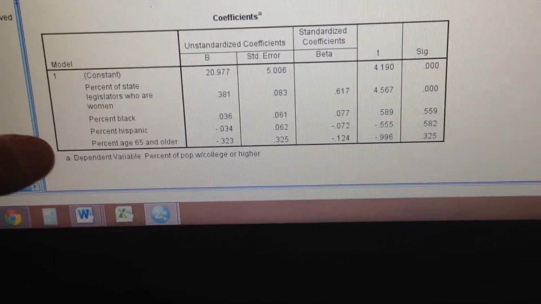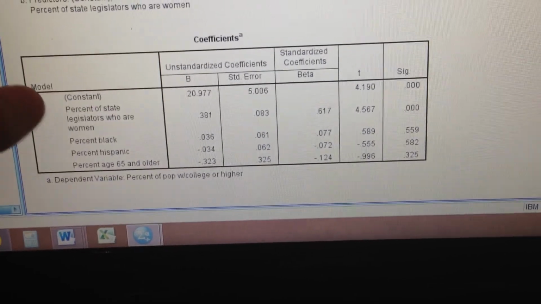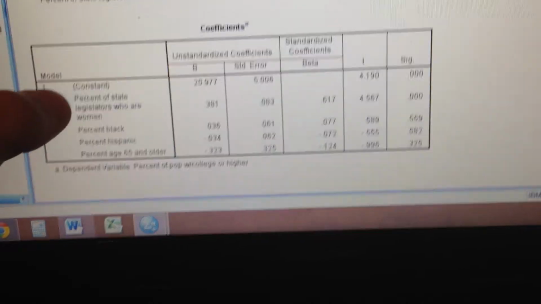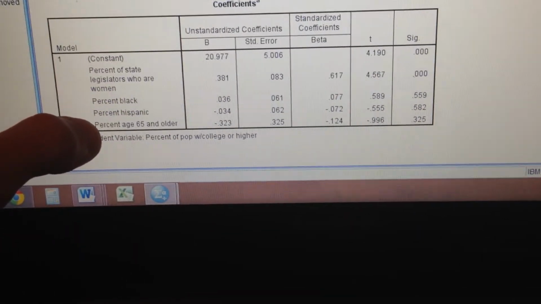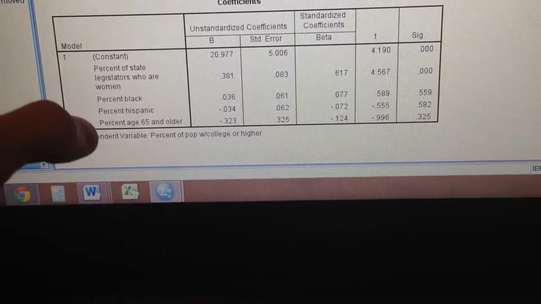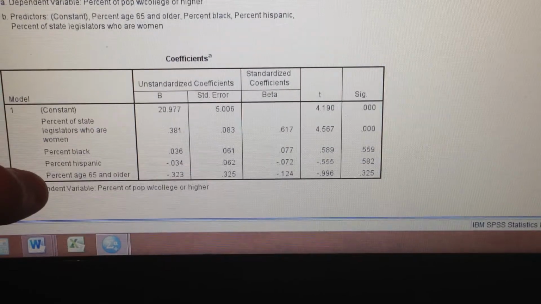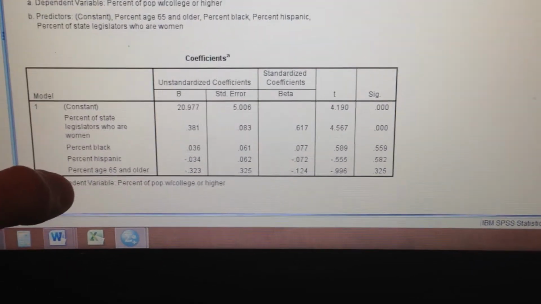But it could be that the percentage of elderly has an impact on the percentage of state legislators who are women. Let's say that as we get more older people in our population, they're more traditional in their social values, they're less likely to vote for women, all right? Our model's not going to capture that.